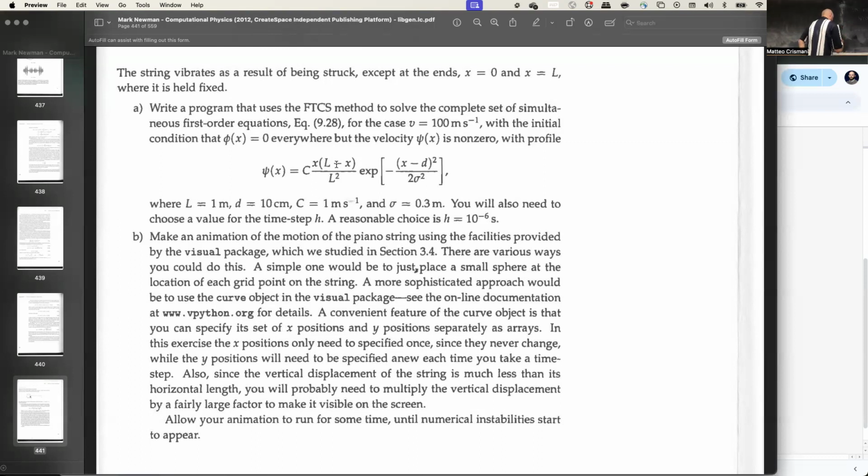And so when I write something like phi of x equals 0, what I'm really trying to say here is that not only phi, but also t equals 0, right? Because phi is a function of both t and x. Okay, so we initialize that. And what about psi of x at t equals 0?